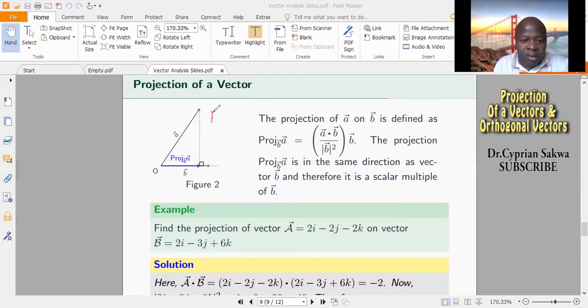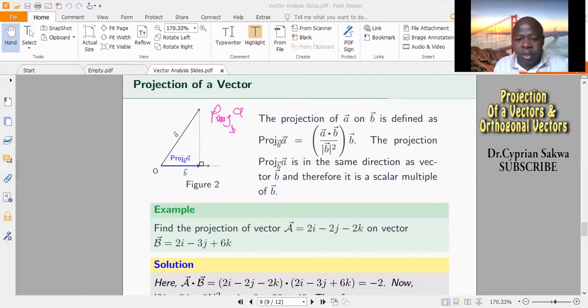The projection of A on B is given as the dot product of A and B over the magnitude of B square times vector B.